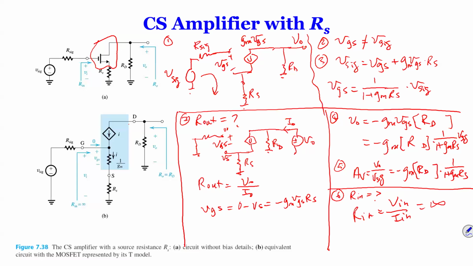So VGS is coming there, and gm times VGS times RS gives you that voltage. Oh, actually it should be VGS is equal to 0 minus VS, and VS is gm times VGS.